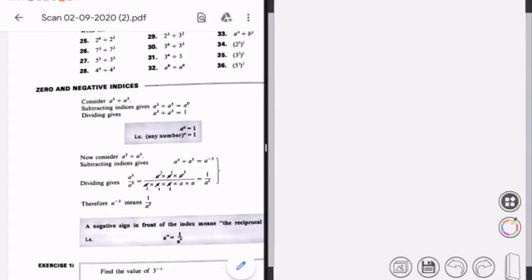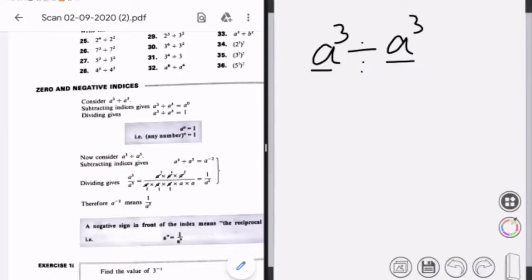Consider a^3 divided by a^3. Subtracting indices, the answer will be 0. See here, a power 3 divided by a power 3. As I told you, if the base is the same, you can subtract the values because here is the negative sign.